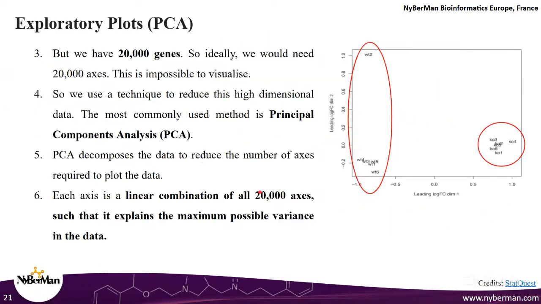So what I'm basically trying to say is all the knockouts have a similar expression profile because they have clustered together. And all these wild types have a similar expression profile because they have clustered together, except for wild type 2. But the wild types, in comparison to the knockouts, have a different expression profile, which is very evident because they are so much farther apart across PC1.